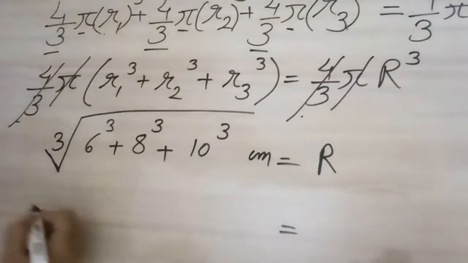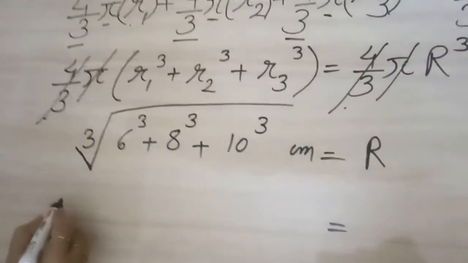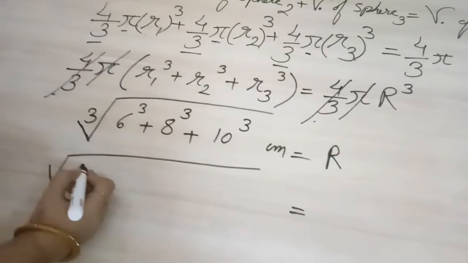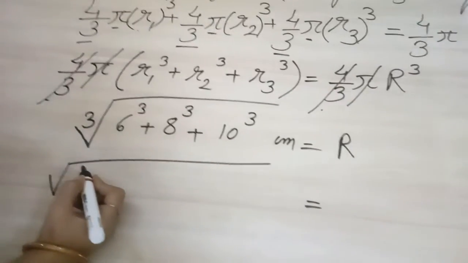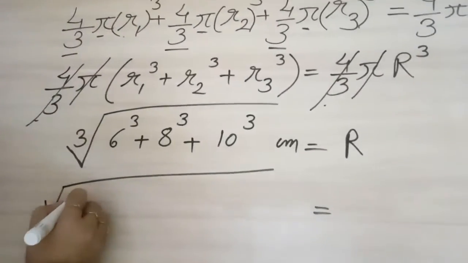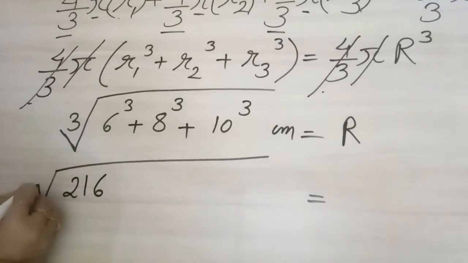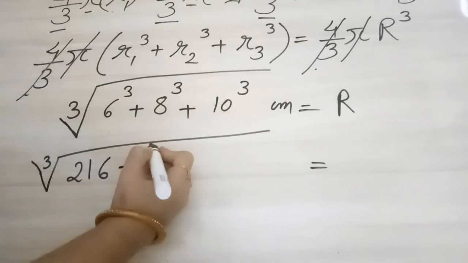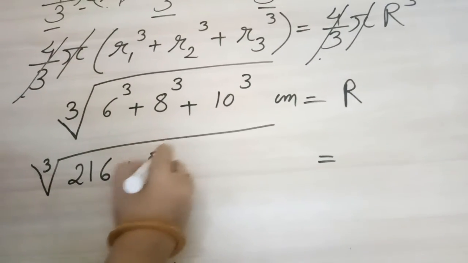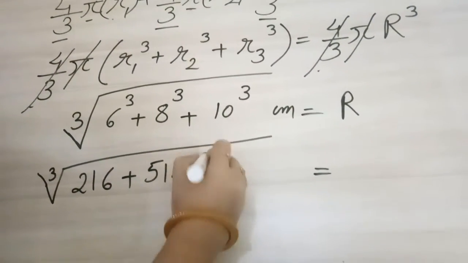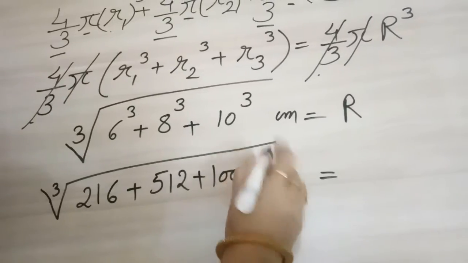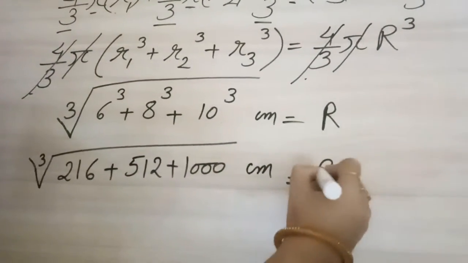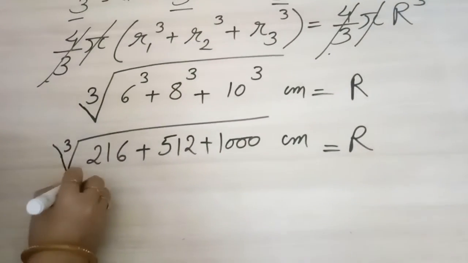Now we will put the values. So 6 cube we will do, so it will come as 216. It is cube root, so 3 will come here, plus 8 cube is 512 plus 10 cube is 1000, and cube root outside. So we will solve.